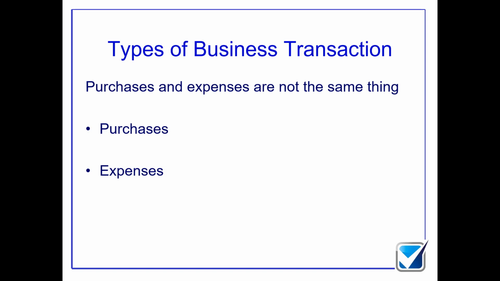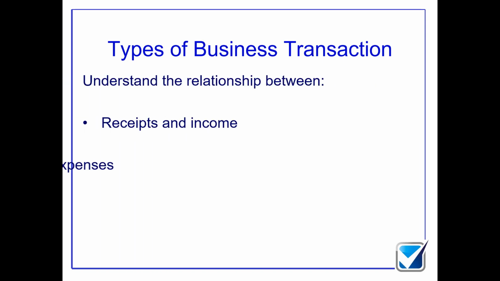Now, carrying on with chapter number 1, the next thing we need to look at is the difference between receipts, which is money coming in, and that will be potentially because we've made a sale. That sale will be an income figure. So the sales that we make generate income. That income actually shows itself, it manifests itself, as a receipt.